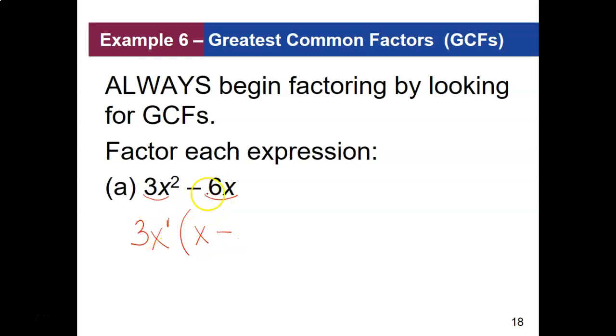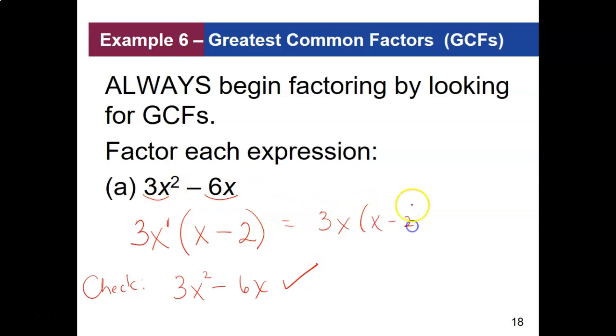Here, 3 goes into 6 2 times, and I took the x out. You can always check this to make sure that you factored it correctly. Just multiply it back out. So 3x times x would be 3x squared, 3x times minus 2 is minus 6x, and so it checks. So my answer is 3x times x minus 2.